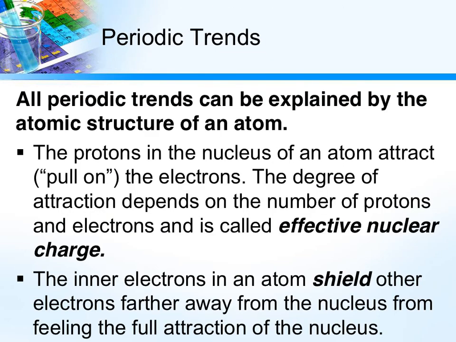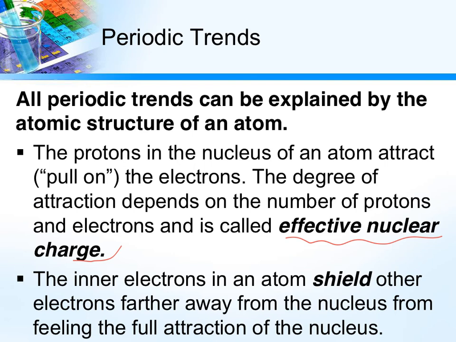To elaborate just a little bit, when I talk about effective nuclear charge, I am talking about the degree of attraction electrons feel for the nucleus. Of course, since the nucleus is positively charged with protons, it's going to draw in or pull or feel attraction for the electrons. And the stronger this attraction is, the higher the effective nuclear charge is.